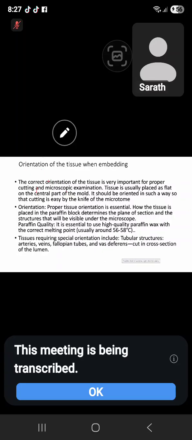The final section should be round in shape. Even if the tissue is a linear, worm-like thing, the section should be a cross-section of the lumen. That's the way you have to embed it.